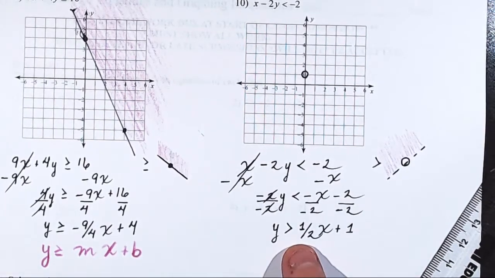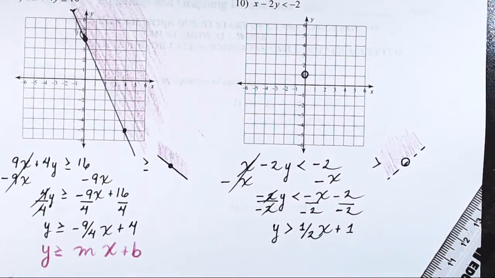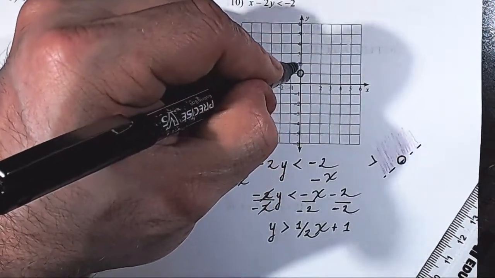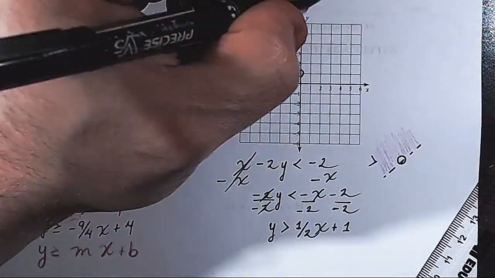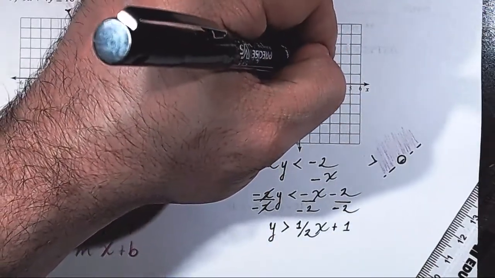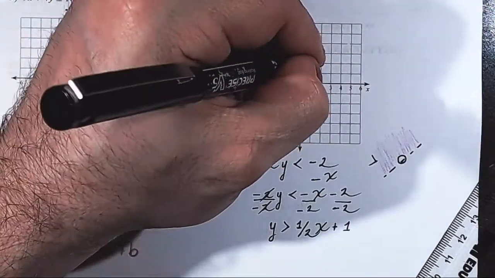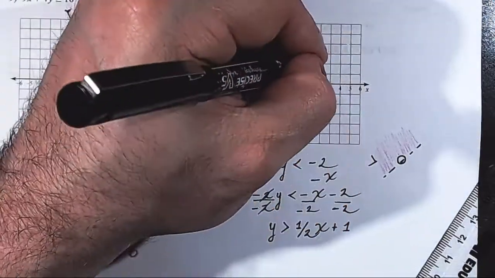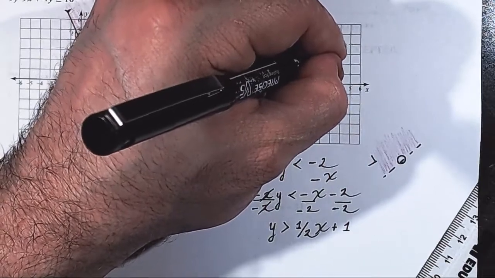Now, with a slope of 1/2, my rise is 1 and my run is 2. So it will be up 1 over 2. Starting at 1, I go up 1 and then to the right 2. 1, 2. Put a little open circle. You can do it again. Up 1 over 2, put another open circle.